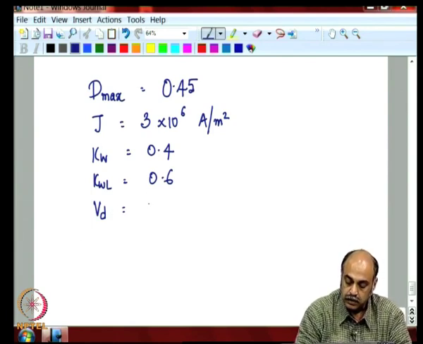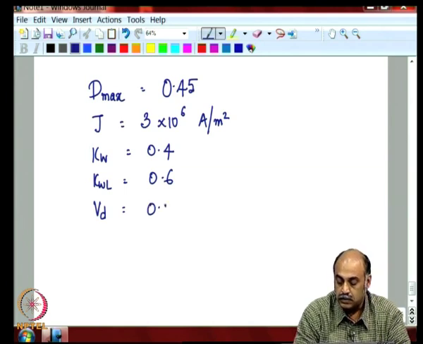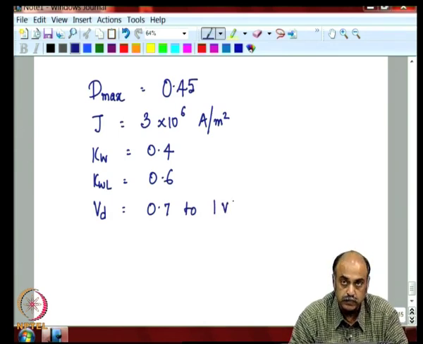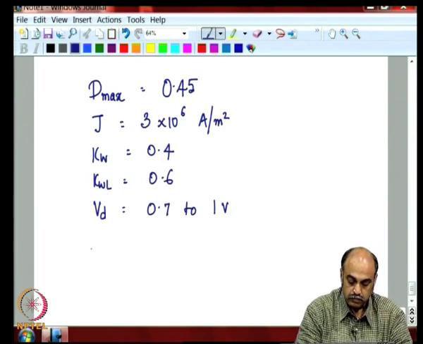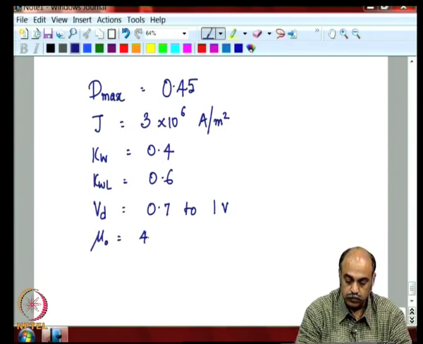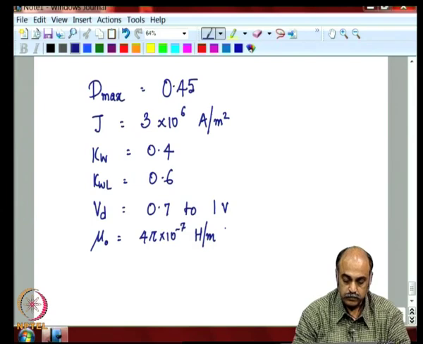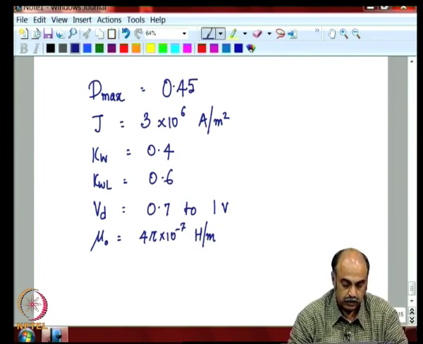You can take it as around 0.7 to 1 volt drop per diode, especially if it is higher powers, and mu naught is nothing but 4 pi into 10 to the power of minus 7 Henry per meter. Okay, so these are the values that are needed.